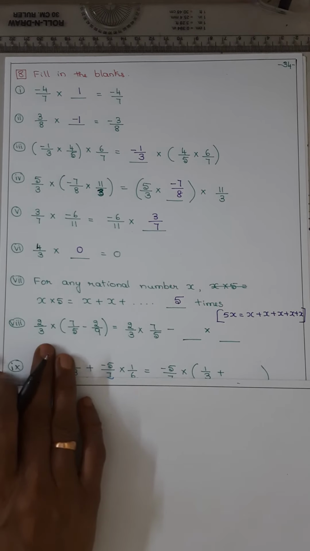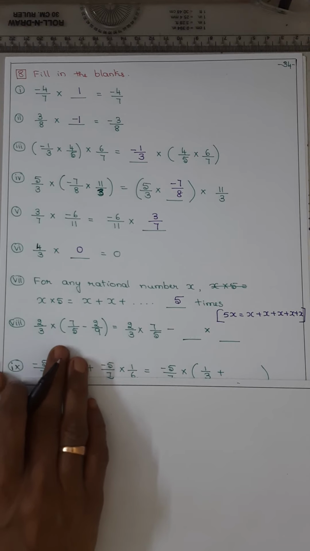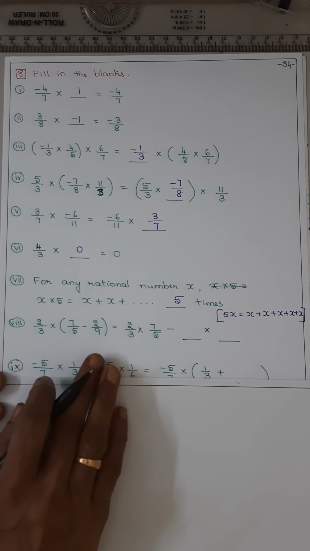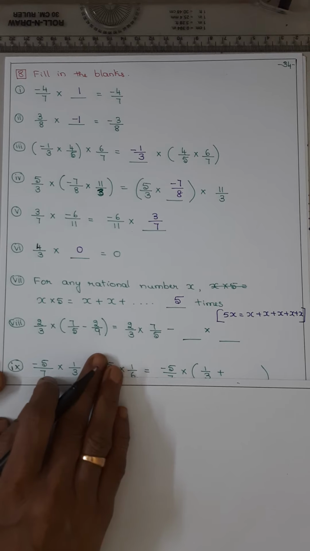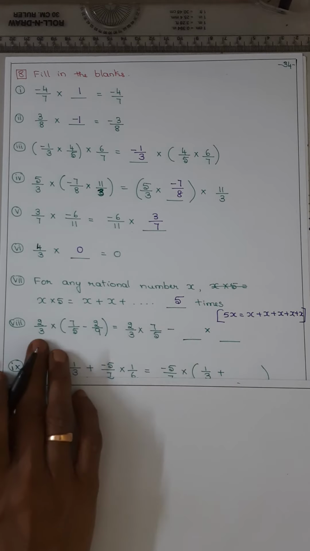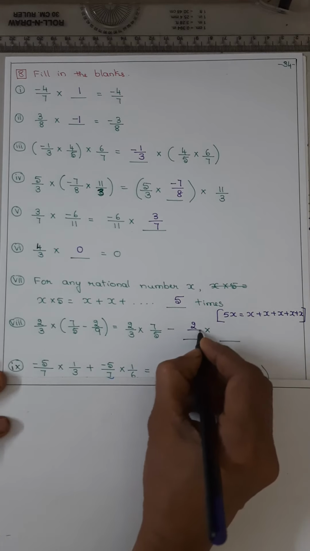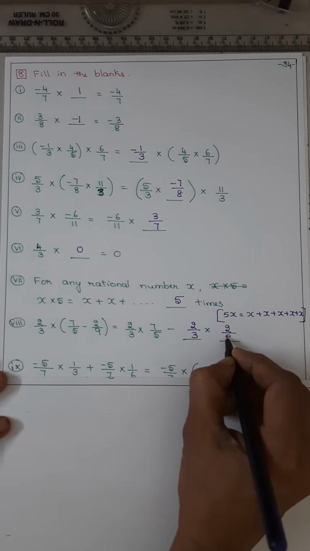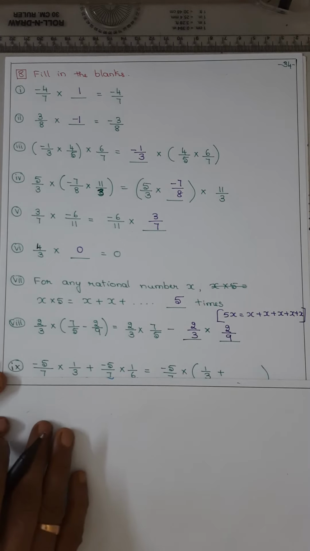Now coming to 2 by 3 into 7 by 5 minus 2 by 9 is equal to 2 by 3 into 7 by 5 minus 2 by 3 into 2 by 9. Which property is it?